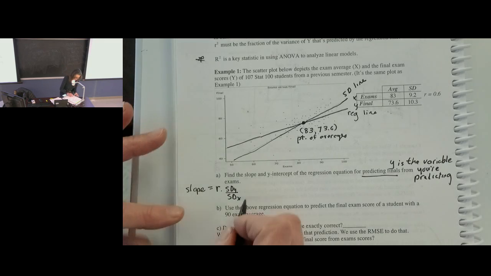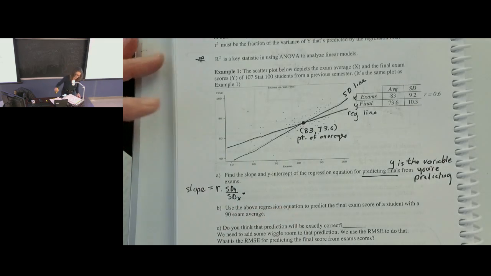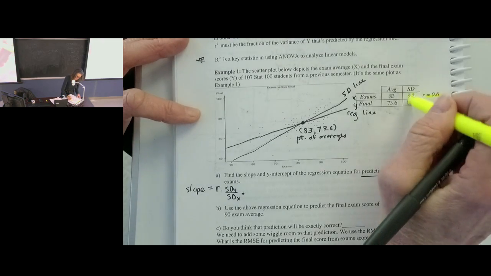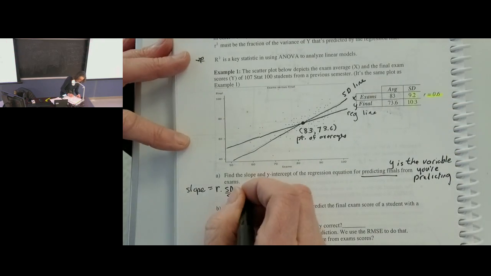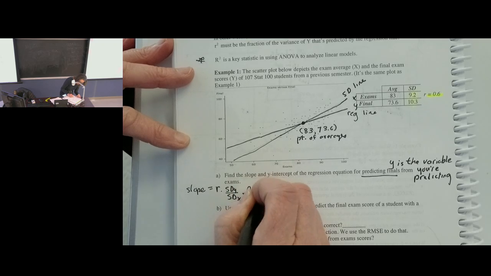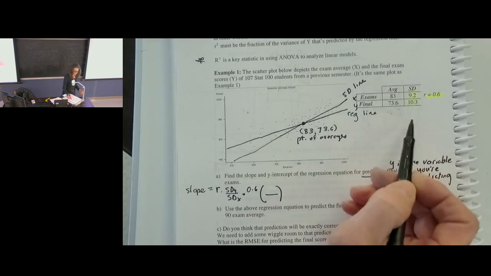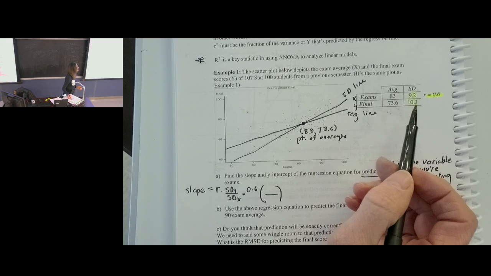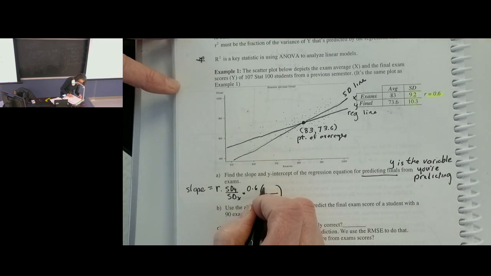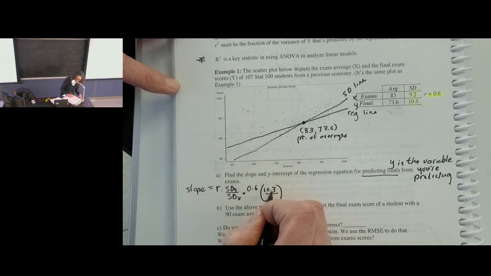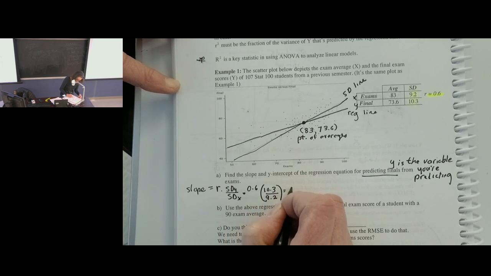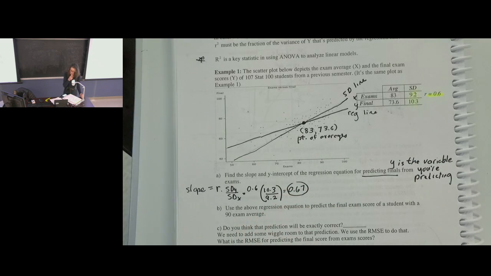So in this case, we use R, 0.6, and these two standard deviations. Make sure you get the ratio right: it's y over x. So it's 0.6 times 10.3 divided by 9.2, and that's equal to 0.67. So there's our slope.